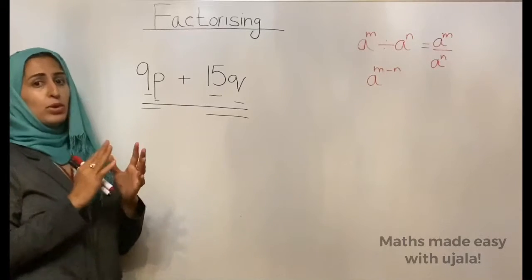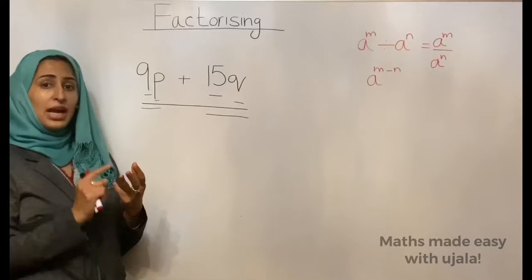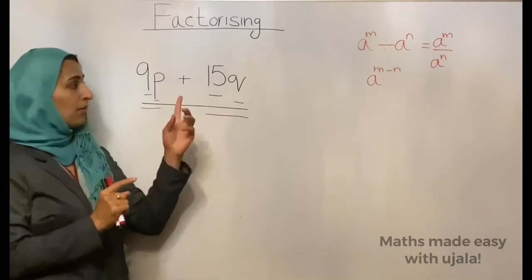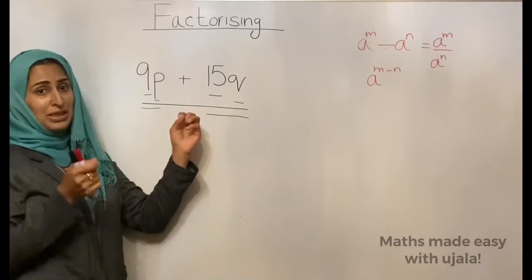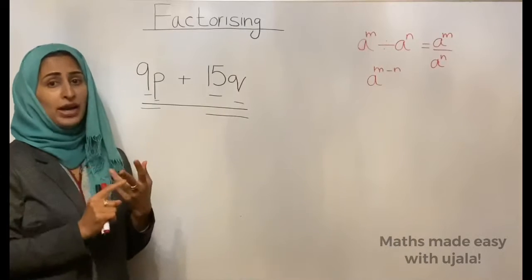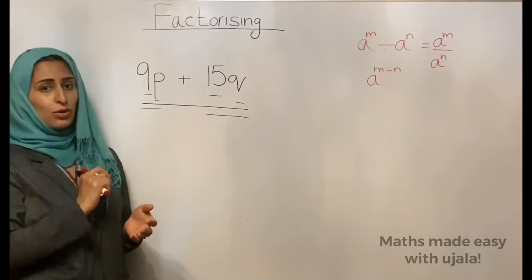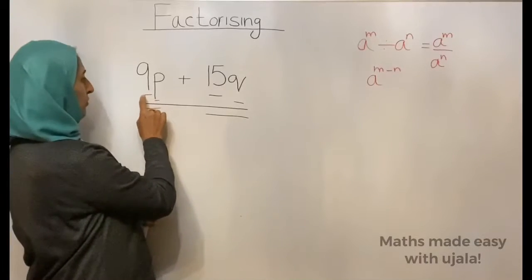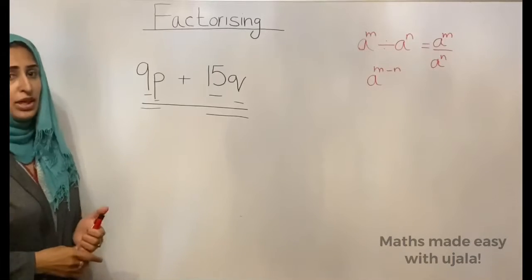I want to make it more simple. You have to look out for the timetable in which both numbers come. I'm repeating this again. For 9 and 15, you have to find the timetable in which these two numbers come. There's a timetable of 2, but 9 is odd, so they're not both coming in the 2 timetable.